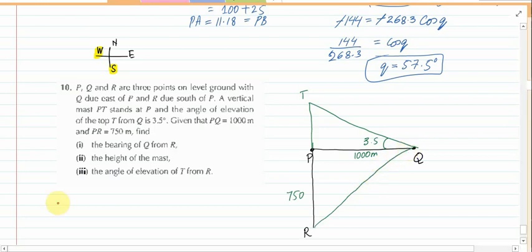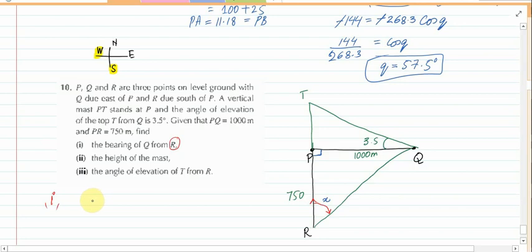The first part, bearing of Q from R, that means we take the north of R, so that is already a north of R because it is a straight line, and we need to find this angle. Now first part is quite easy because we are dealing with the right angle triangle. Now X is the angle, that means 1000 is opposite and 750 is adjacent.